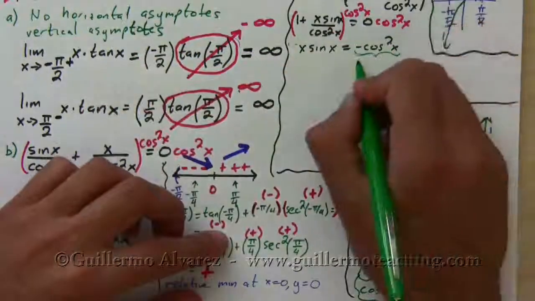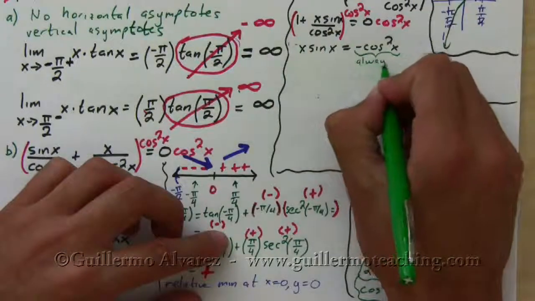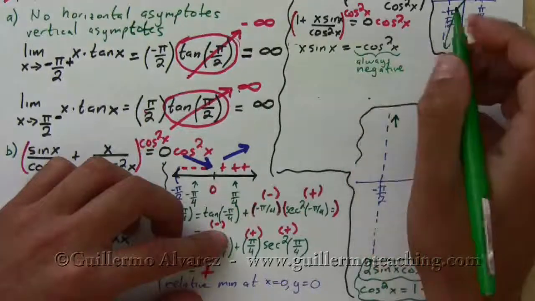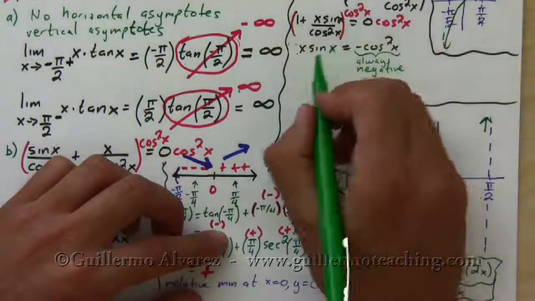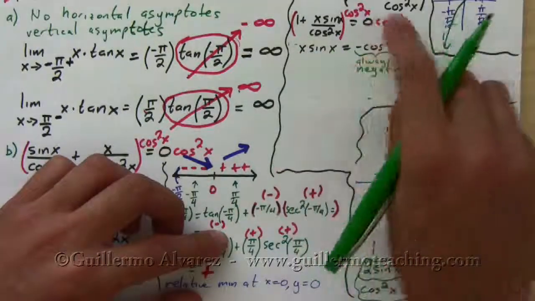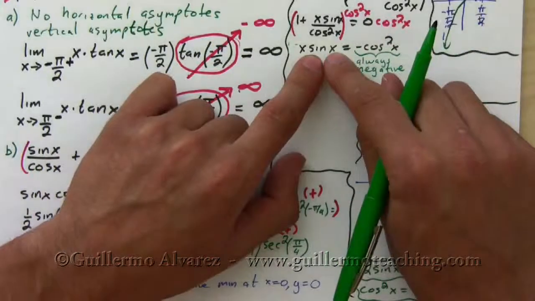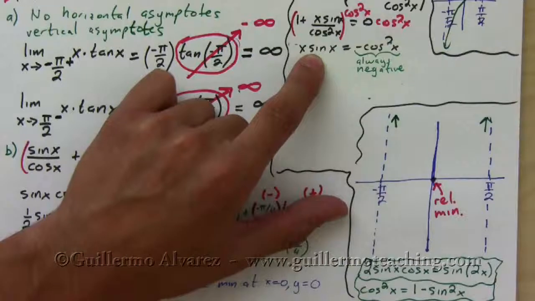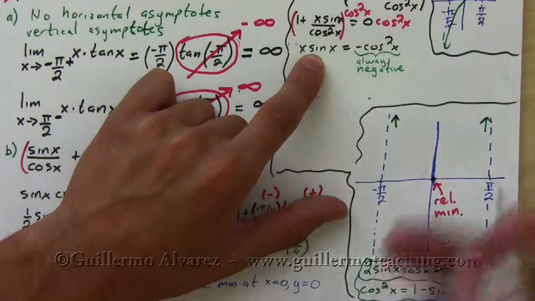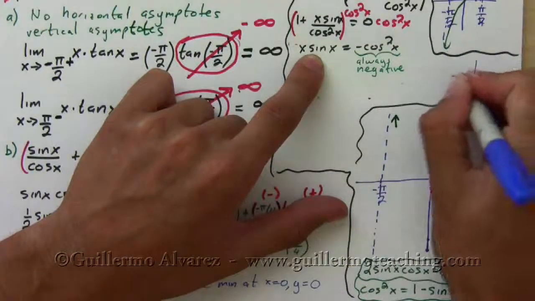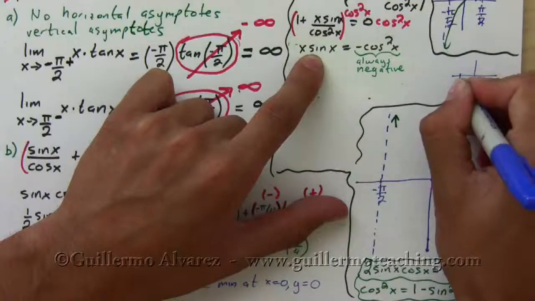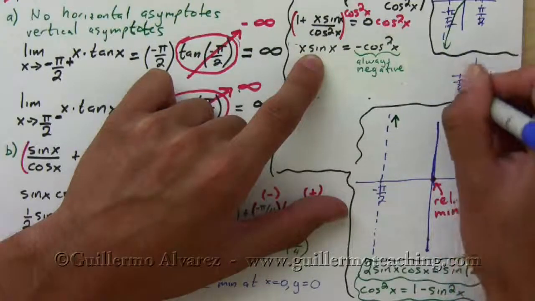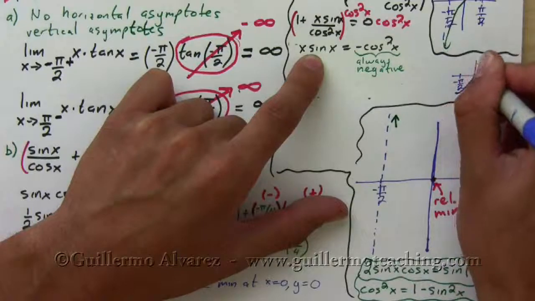That means this side is always going to be negative. Now notice sine, let me draw a picture of sine here. If you draw it from negative pi over 2 to pi over 2, sine looks like this.